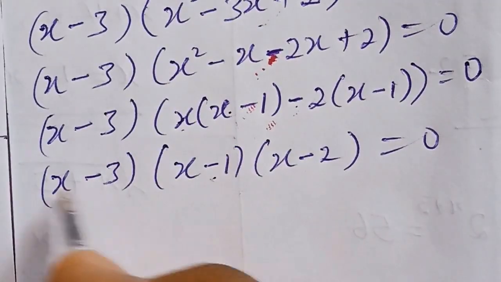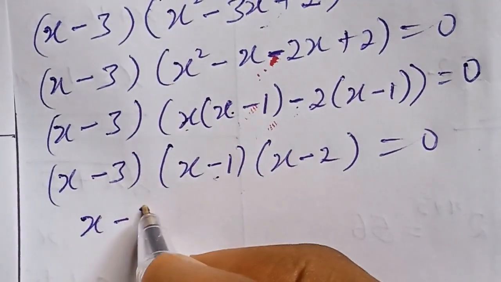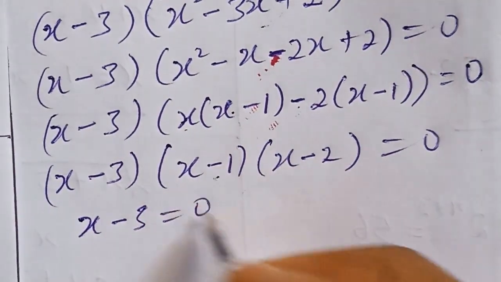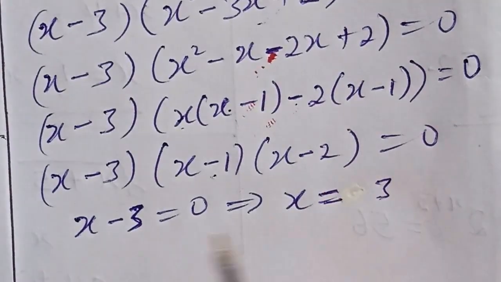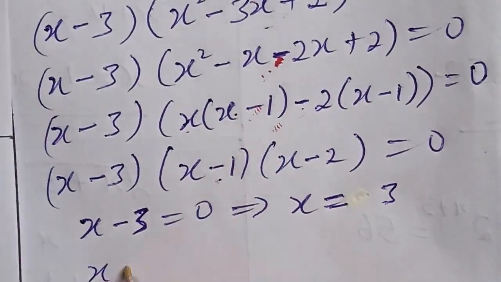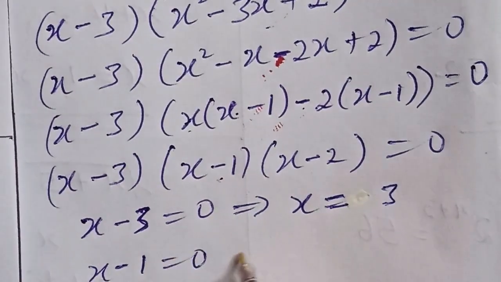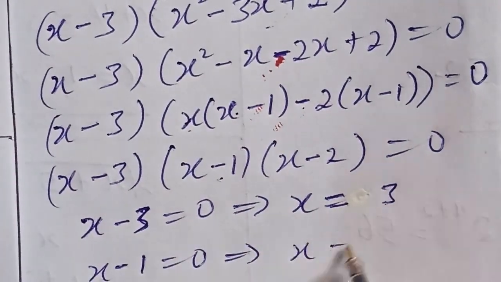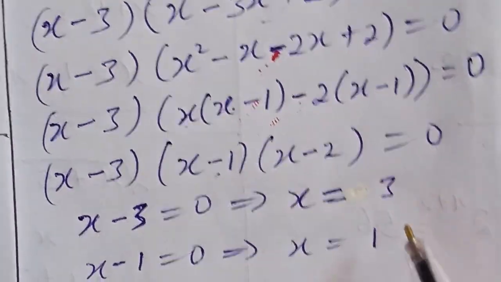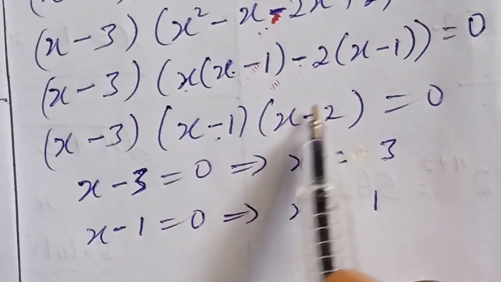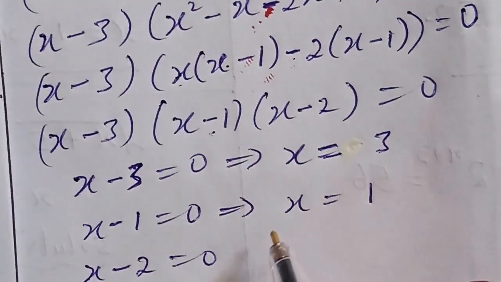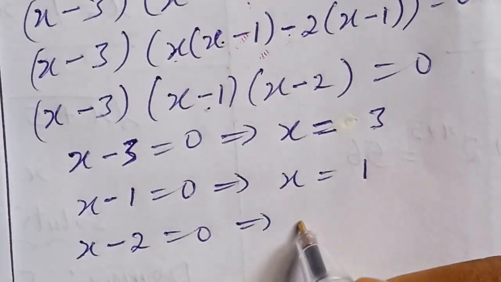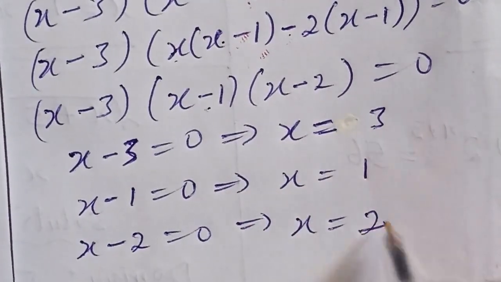So it means that over here we have x minus 3 equal to 0, which implies that x equals 3. Over here we have x minus 1 equal to 0, which implies that x is equal to 1. Then over here we have x minus 2 equal to 0, which implies that x is equal to 2.